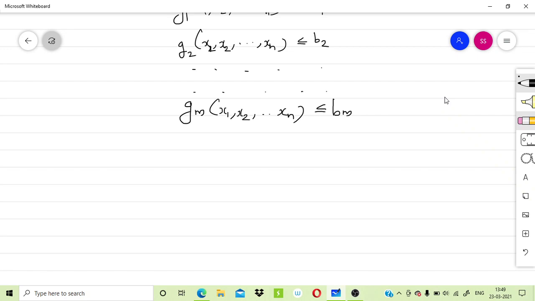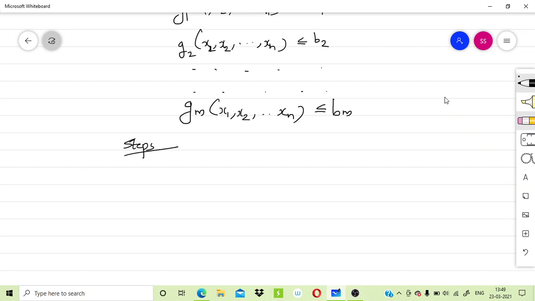Now, how to apply the Kuhn-Tucker conditions in this constrained nonlinear programming problem? So the steps for the solution of a constrained NLPP by Kuhn-Tucker conditions are these.